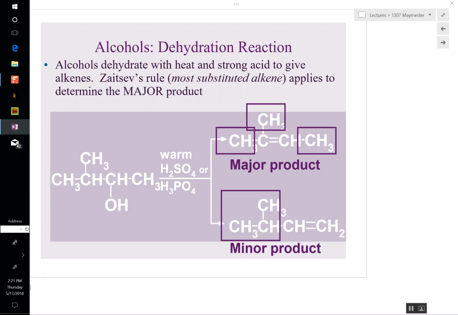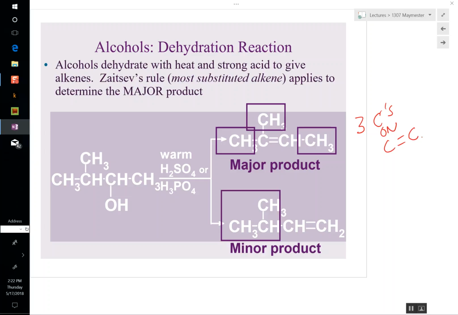And now look, here's your double bond, and it's got one carbon on it, two carbons on it, three carbons on that double bond. It's highly substituted. This has three carbons on the double bond. This one only has one. I mean, don't count how big this thing is.